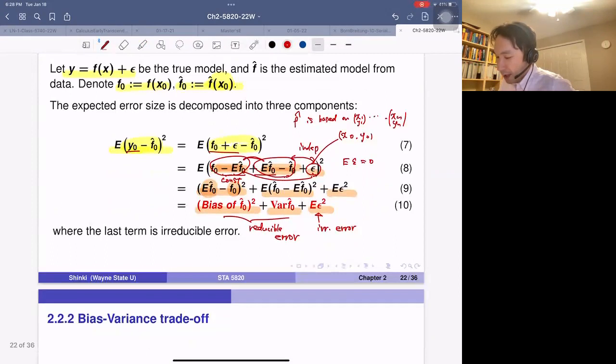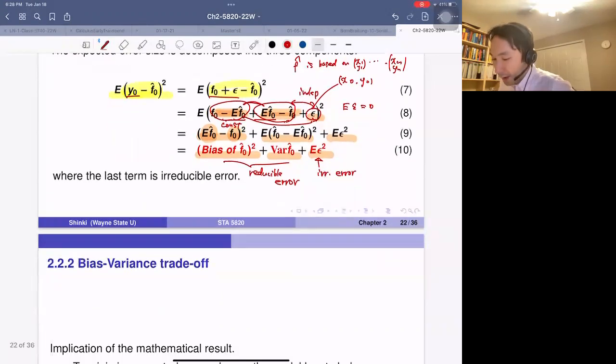So now you can see that if the estimator has larger bias, then the variance becomes smaller. And if the bias is smaller, then the variance should be larger. So we have a trade-off between the bias and the variance. To be accurate, the square of bias and variance.